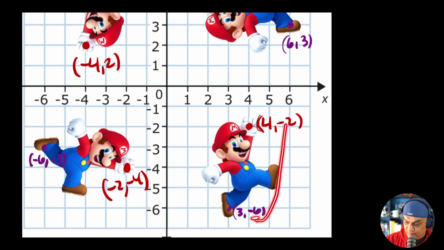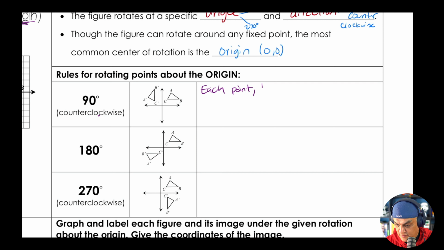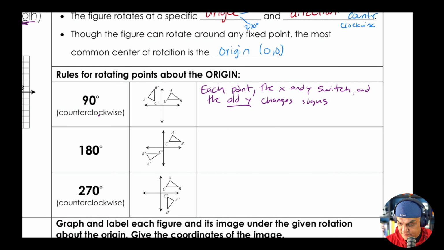So when we rotate 90 degrees, how can we say this? Each point, the X and Y switch, and the old Y changes signs.